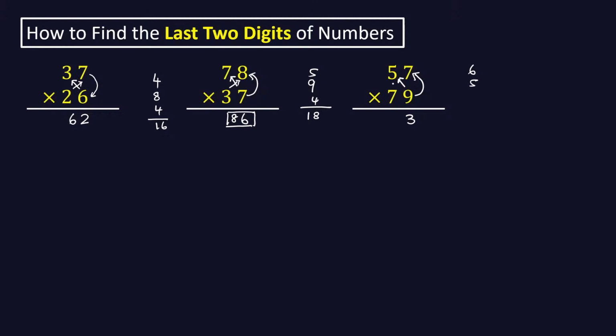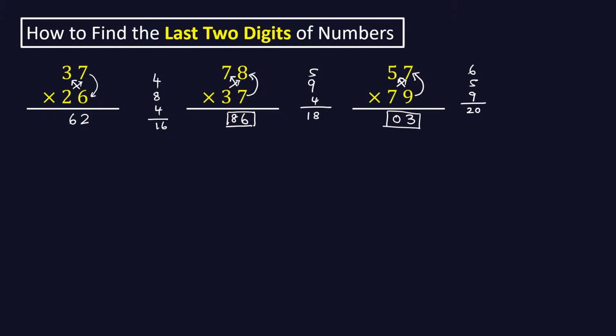Then 7 7s are 49. So take the unit digit, which is 9, and add these three numbers. We are getting 20. So now write down the unit digit, which is 0. Write it here to get the last two digits, which is 03, when 57 is multiplied with 79. Is it clear to all?